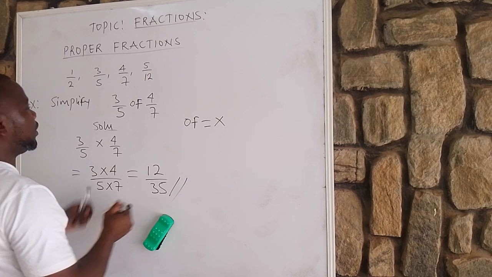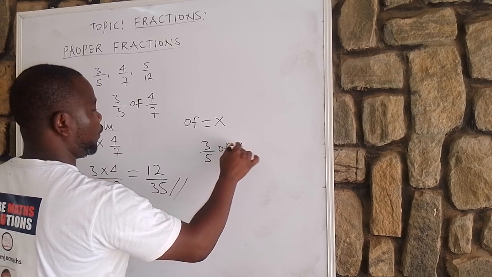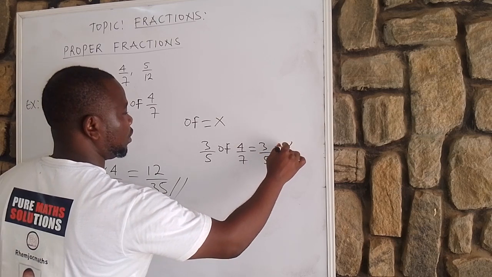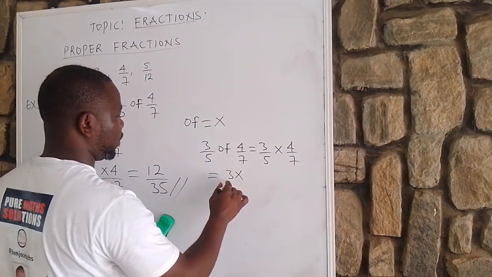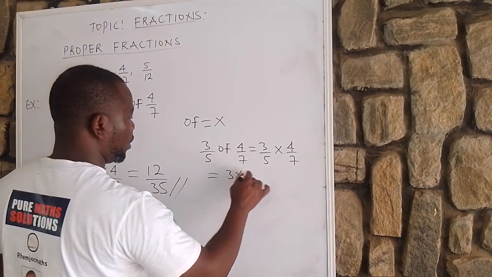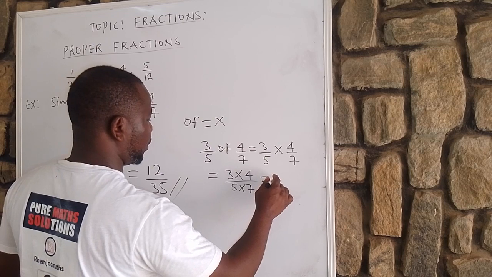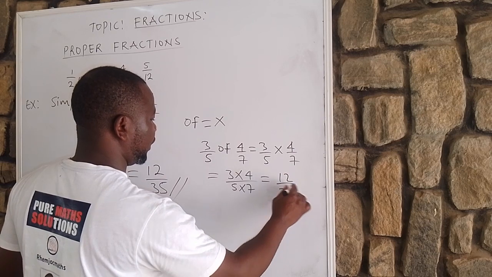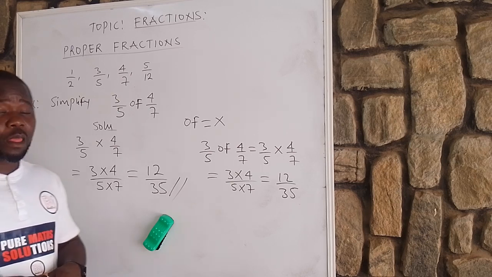That is, 3 all over 5 of 4 all over 7 is the same thing as 3 all over 5 times 4 all over 7. Then this is equals to 3 times 4 all over 5 times 7, which is equals to 12 all over 35. So this is how you are going to approach it. Is that clear? Do you understand?